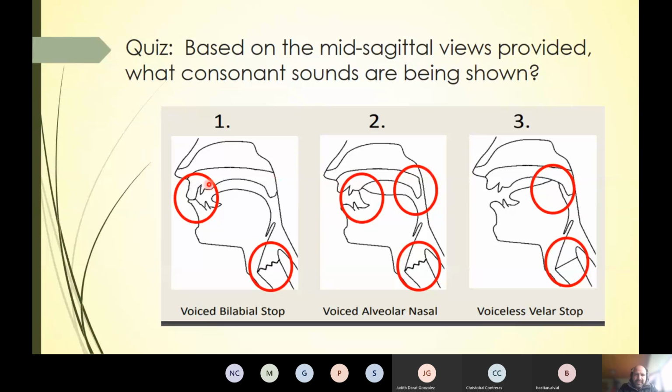Now, if in the first image, instead of having the two lips together, we have the upper teeth and the bottom lip, which sound do you think is produced?